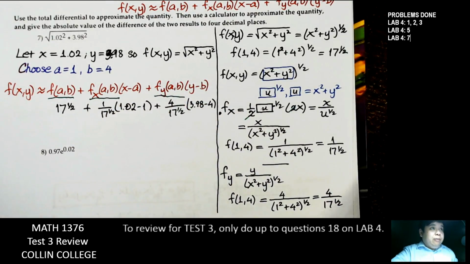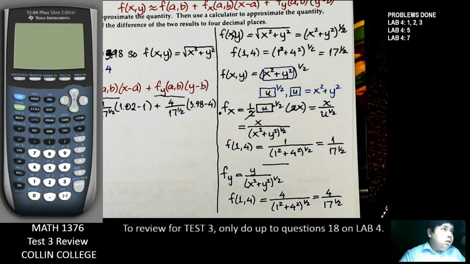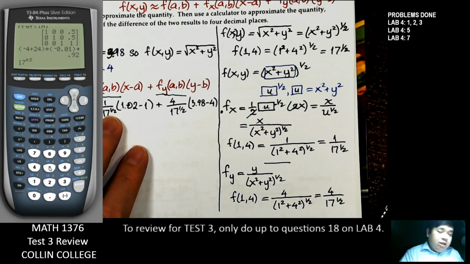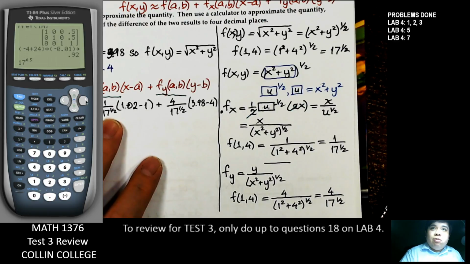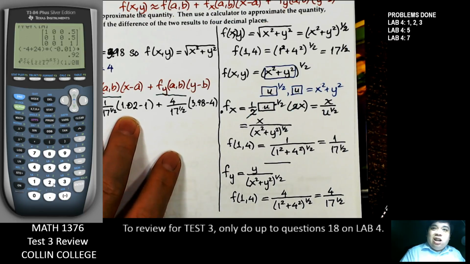Right, we just need to do this. 17 to the 1/2, this is 0.5 plus 1 divided by 17 to the 1/2, and then 1.02 minus 1, which is 0.02.